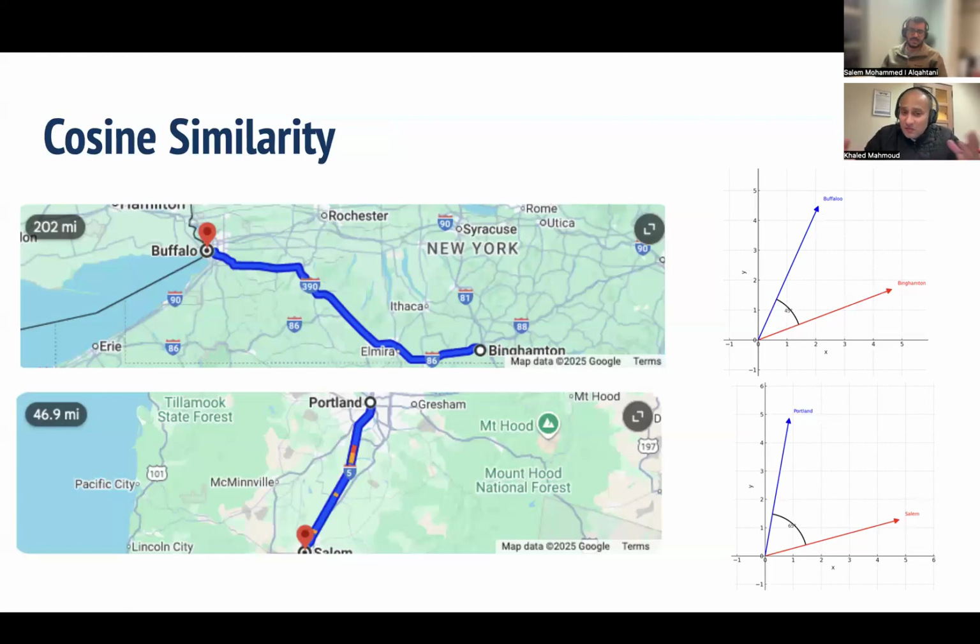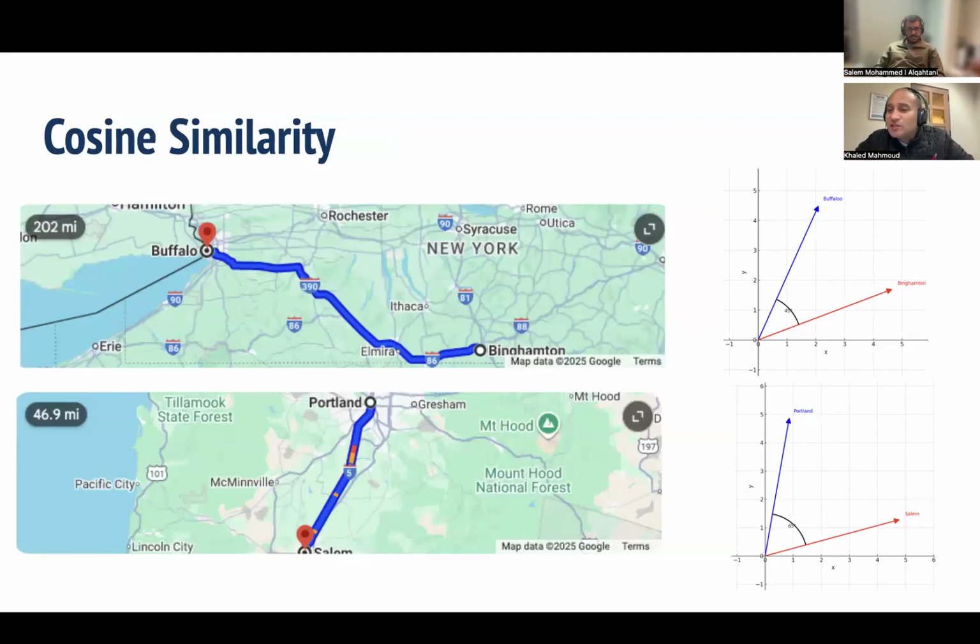Similar thing, another example for Portland, Oregon, just to reiterate the concept. We can represent Salem as a vector, Portland as a vector, and we measure the angle between them. Let me give a little bit more details here on why this analogy is so important.